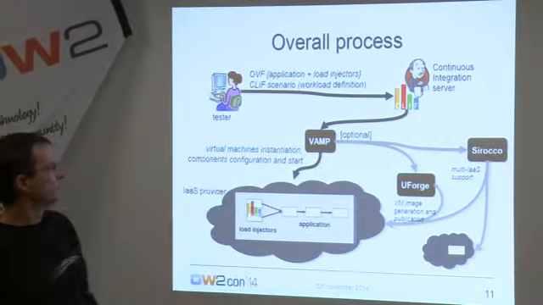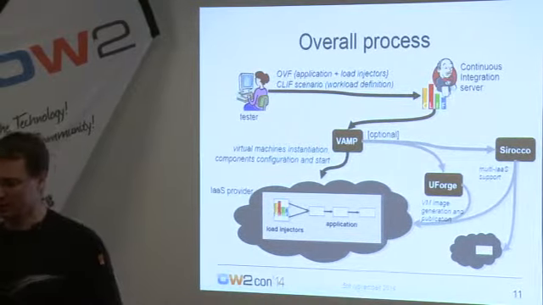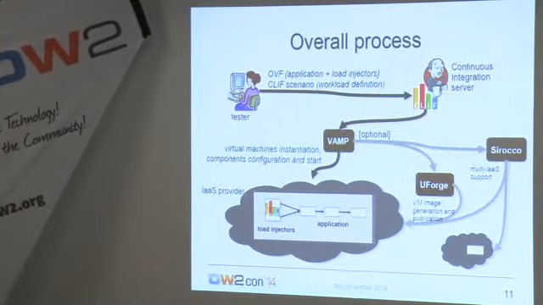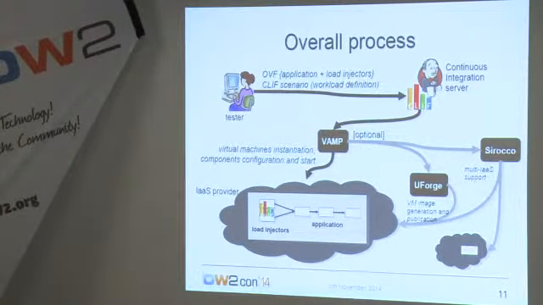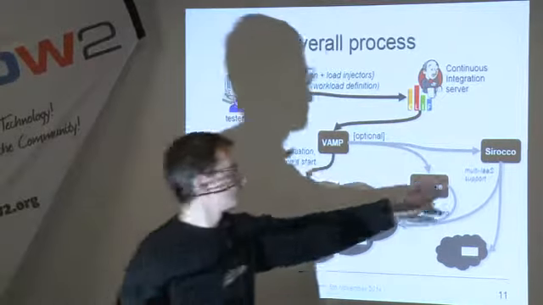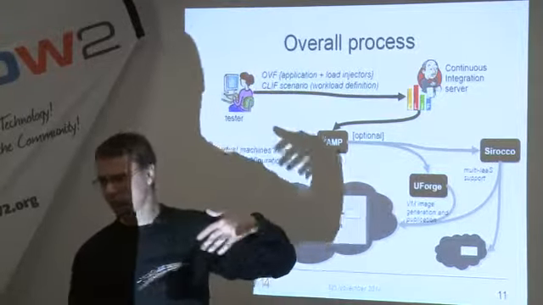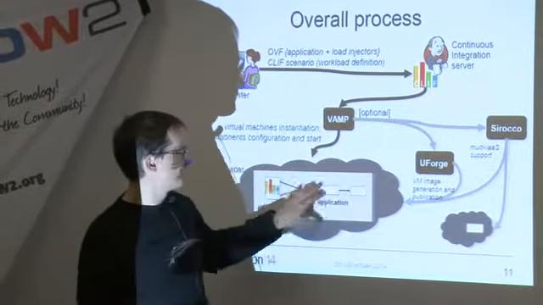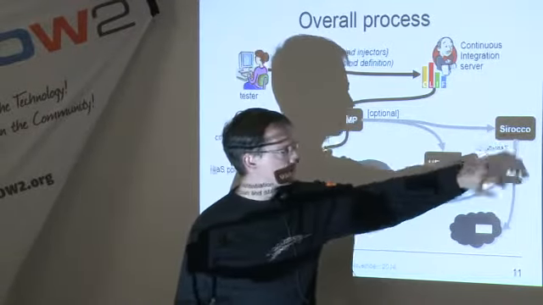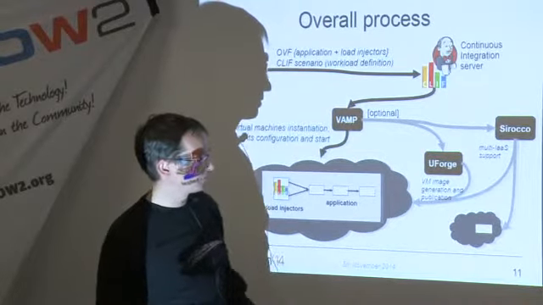And VAMP will instantiate the virtual machines and components, will configure them and start the application. Optionally, you have those 2 boxes here. If you want to be able to deploy on multiple IaaS in this test, we'll have to use the Sirocco web service.